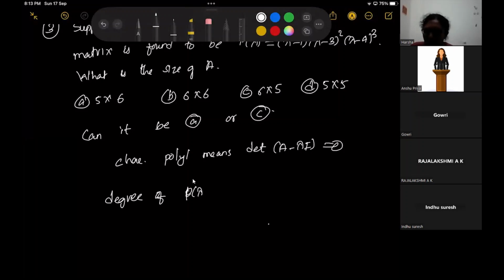So degree of P of lambda equal to 6 means the matrix has size or order 6. Any doubt in this question? Anyone is having doubt?